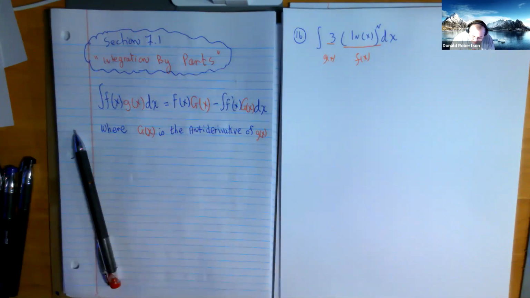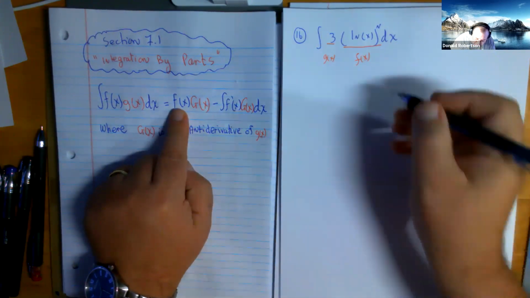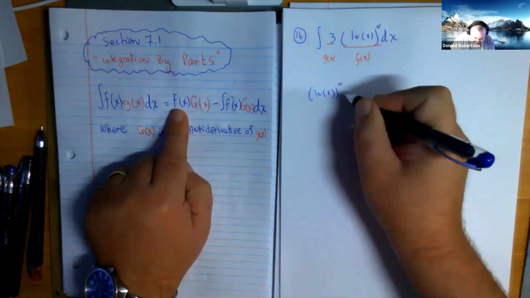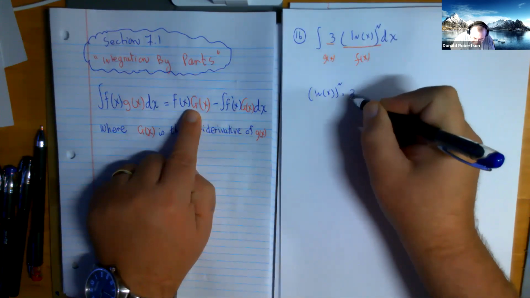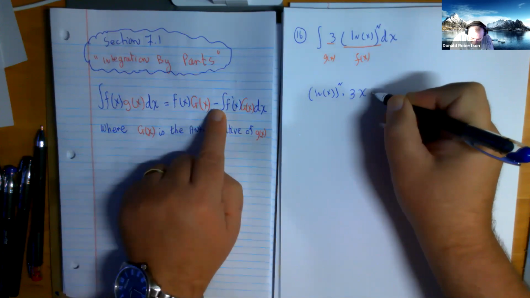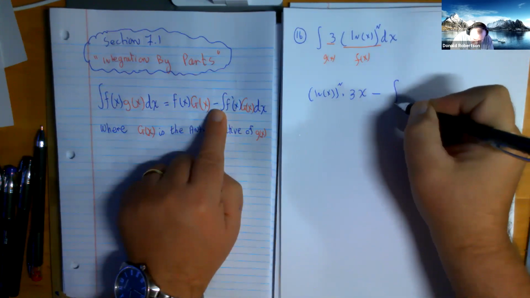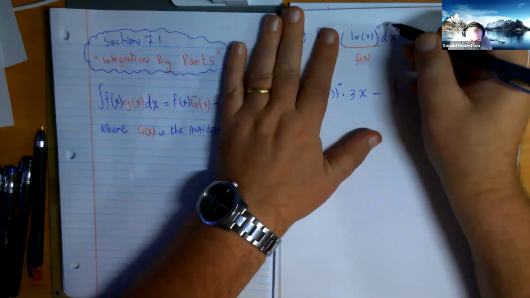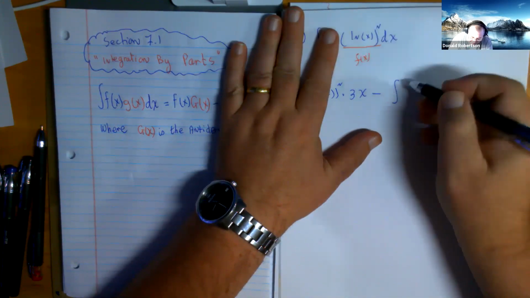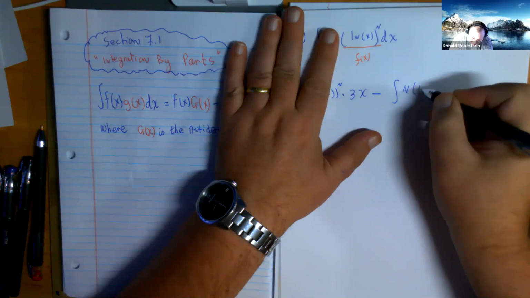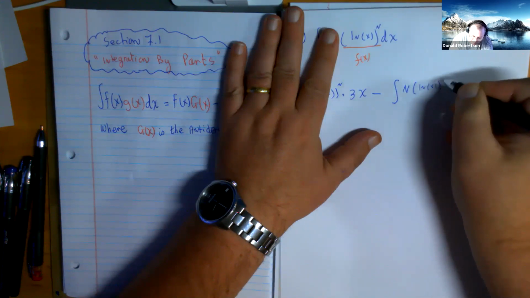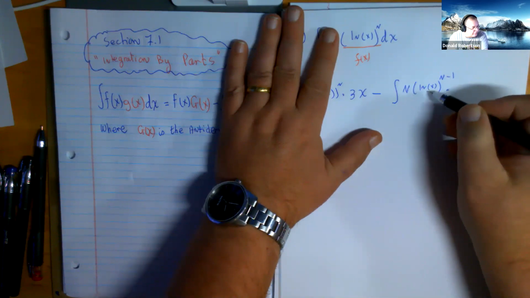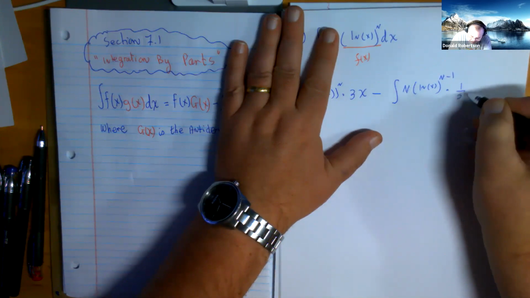So we take the F guy. So we've got the natural log of x to the n. And you integrate this guy, you get 3x. Then you take away the integral. If you differentiate this one, right? Think of that as 3 or something. Don't you multiply by the power, reduce the power by 1, and then differentiate by the log of x.